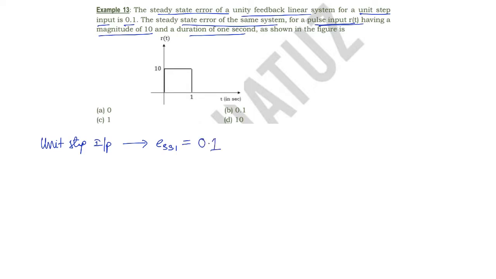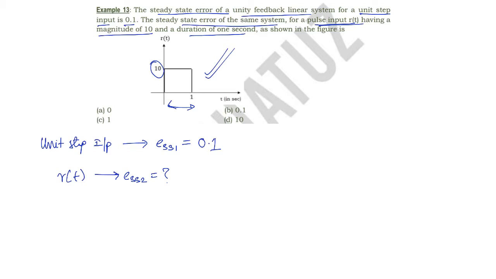Now for a pulse input, the pulse input will be like this. It has a magnitude of 10 and it exists for a duration of 1 second. So for pulse input r of t, we now have to find the steady state error.